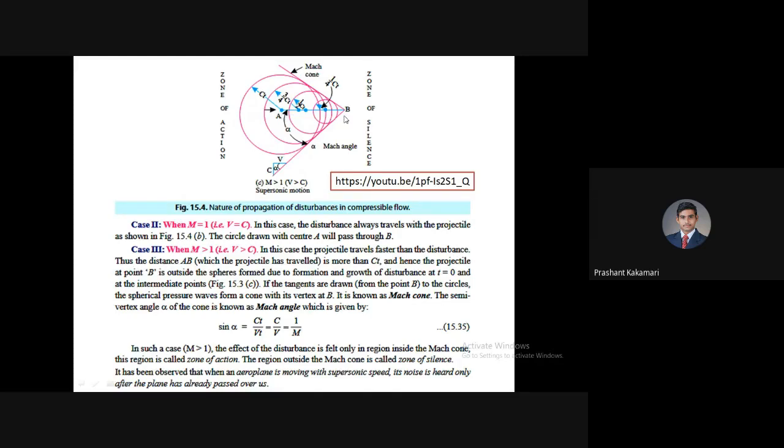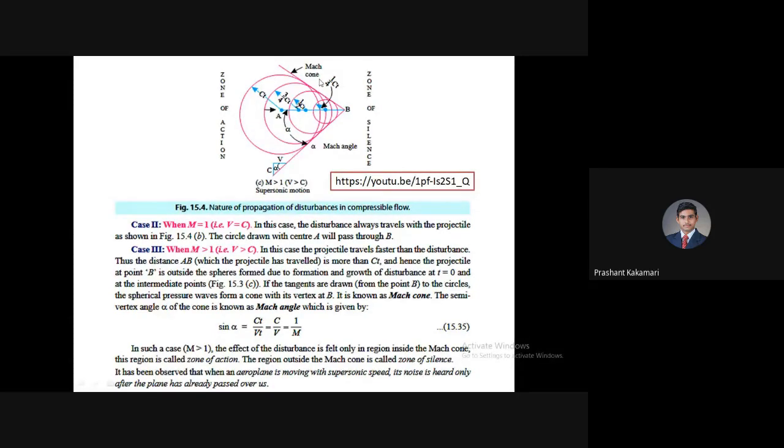The speed of the body or the velocity distances are high, but the circles are very small, meaning the disturbance is still not reaching point B. To find when the disturbance will reach, they have created one cone here by joining the tangents to the circles. If you join all the circle tangent lines on both sides, you will find one point B. From this point B, you can see a three-dimensional cone is formed.